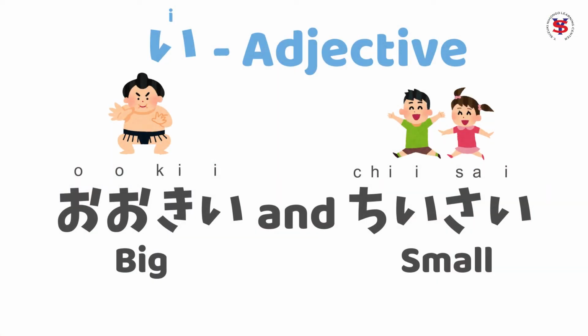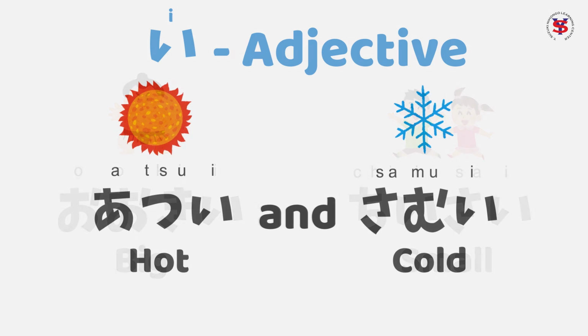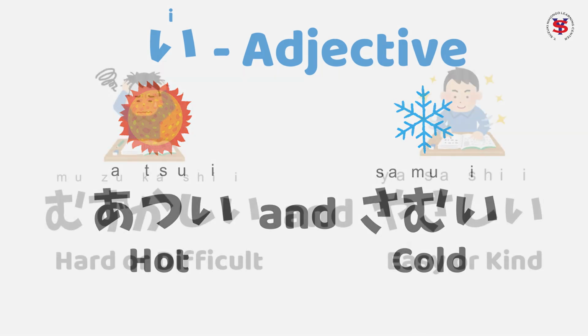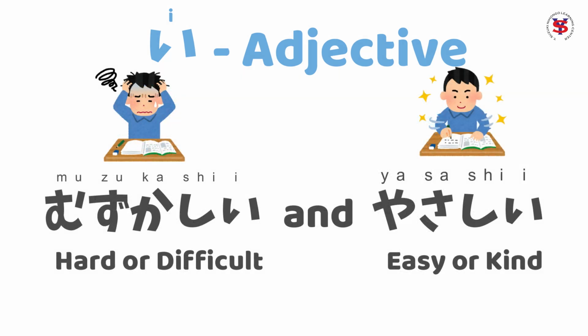Para mas madali tandaan, we are going to memorize the e adjectives in pairs. Ready na ba kayo? Okay, so we have oki for big or large, chisai for small, atsui for hot, and samui for cold. Muzukashii for hard or difficult, mahirap, no?